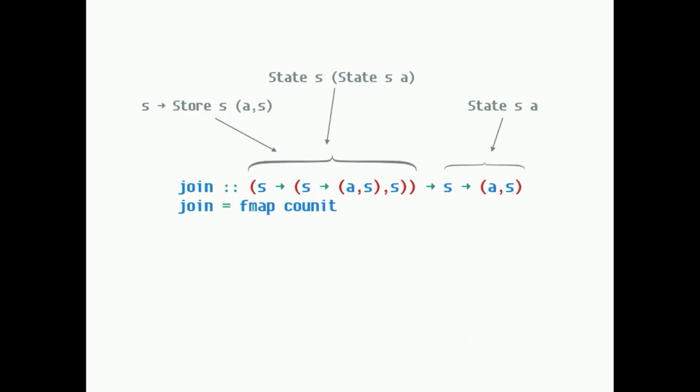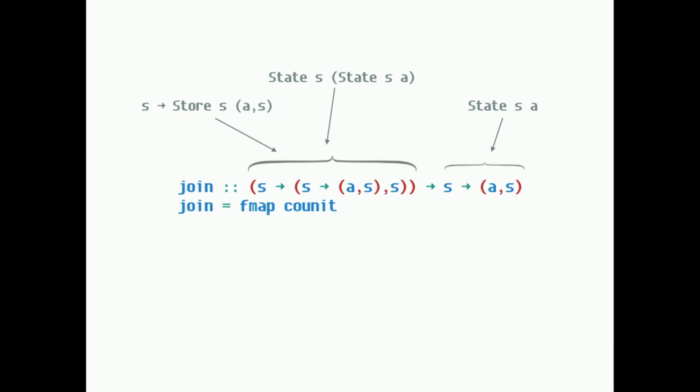If we just turn the crank on our adjunction, take our counit for the store comonad and map it across the function from S functor, we end up getting a join for our state monad. It takes a nested state machine and turns it into a regular state machine.